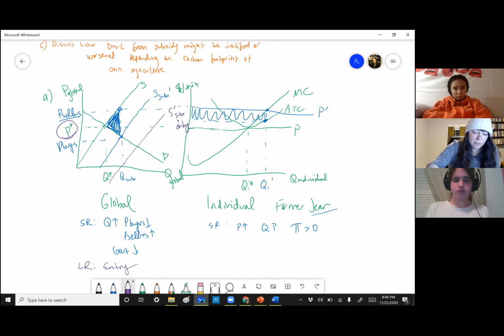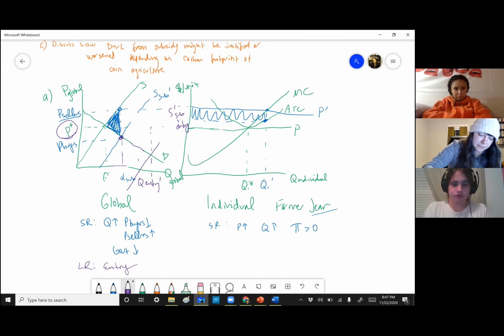So now with the subsidy, this is still going to be the wedge between the price for buyers and the price for sellers. So that means you might even need it to shift even more. But let's say we shift it a little bit more, that it goes all the way out here.